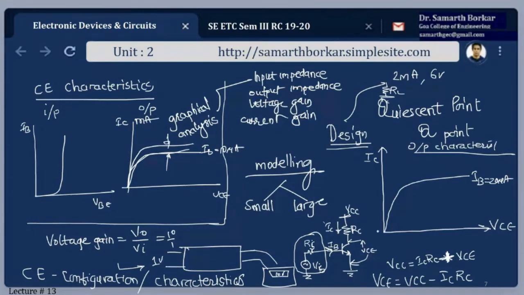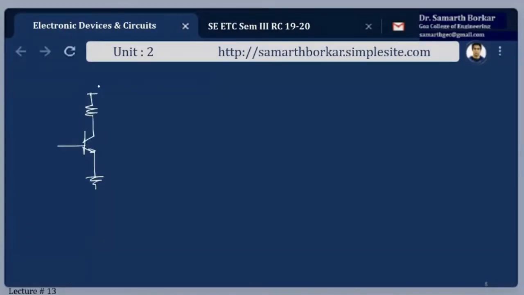Now, on the x-axis, the value of IC is 0. So in this equation, if I substitute VCC, here this is RC, and the current passing through it is IC. This is the voltage source given as Vs. It has a resistance Rs.